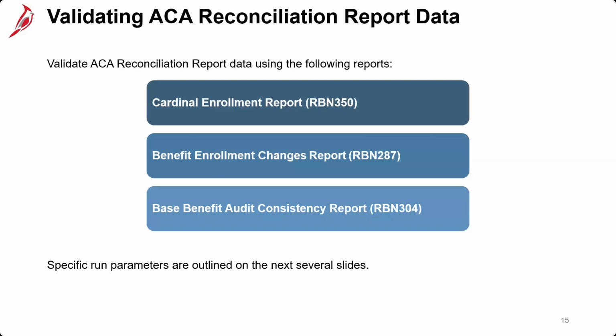And the Base Benefit Audit Consistency Report will pull things like missing SSNs, missing dependent date of birth, if you have a dependent who's covered under more than 1 plan, if you have an employee who's covered as a dependent. It looks for all of those sort of mismatches in policy with our data, and it allows you to pull all of that into one report.